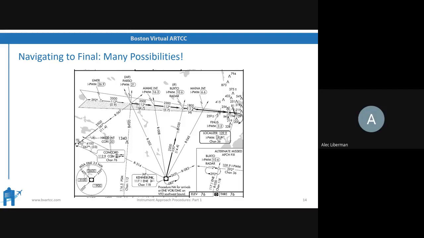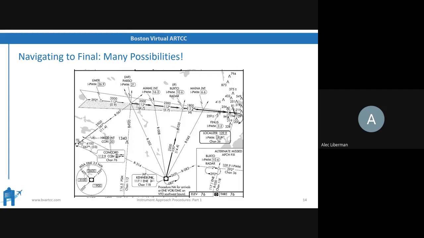That's one. Using STARs and following the RNAV path? Yes, that's a little bit vague, but yes, that is one of them. A couple people are saying Parso, which is an IAF. It's the 067 radial of Concord, which is also a route. Yeah, exactly. Everybody's hitting the nail on the head here.